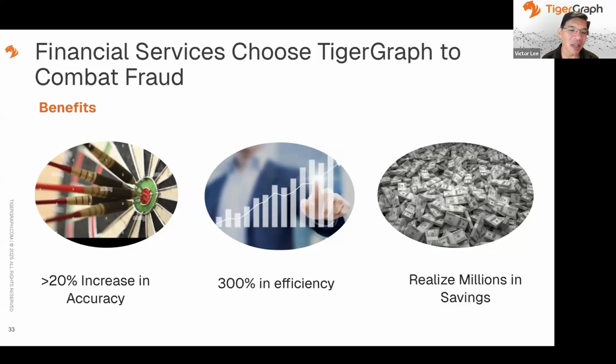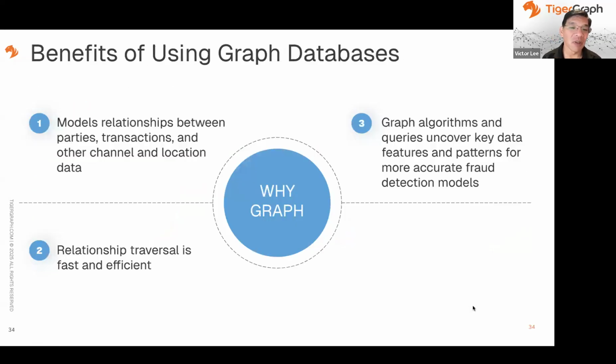And to do that, you have to look deeper at the data, and a scalable high performance graph like TigerGraph has been proven to be the most effective approach for doing that, increasing the accuracy by 20%, making the investigative analytics 300% more efficient. So when a person has to sit down and look at the data, resulting in millions of dollars in savings.